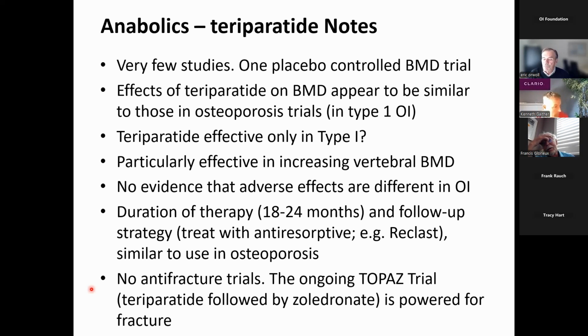That trial is powered to assess whether that combination reduces fracture risk. The results should be available in a year or two. So that should be very useful.